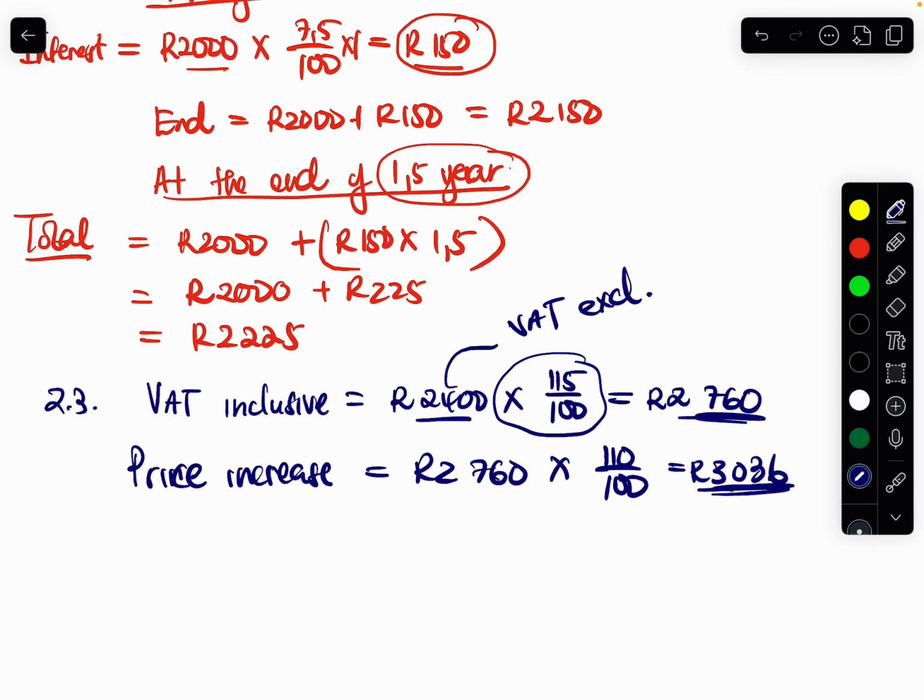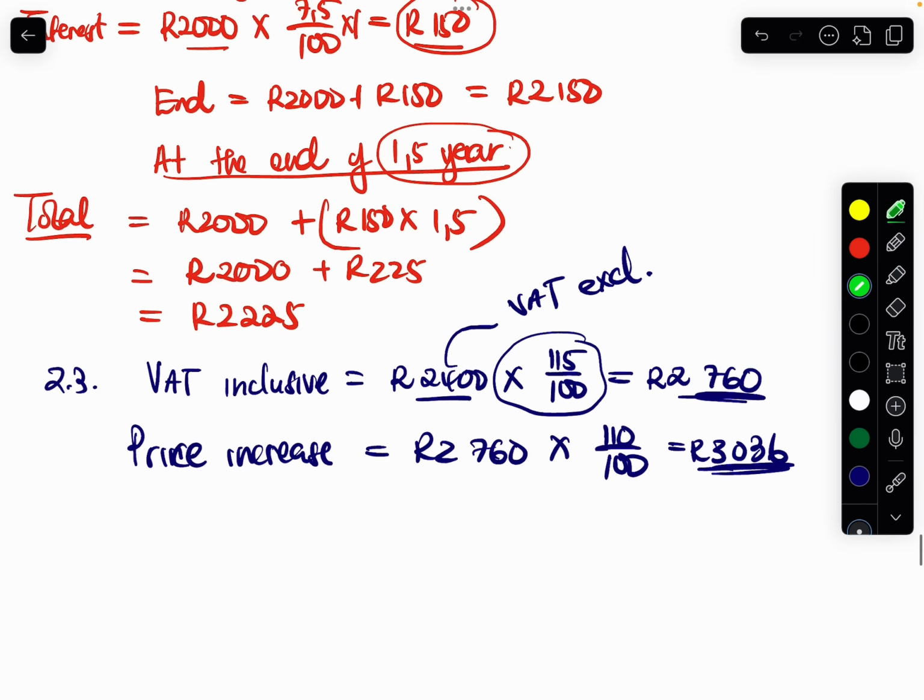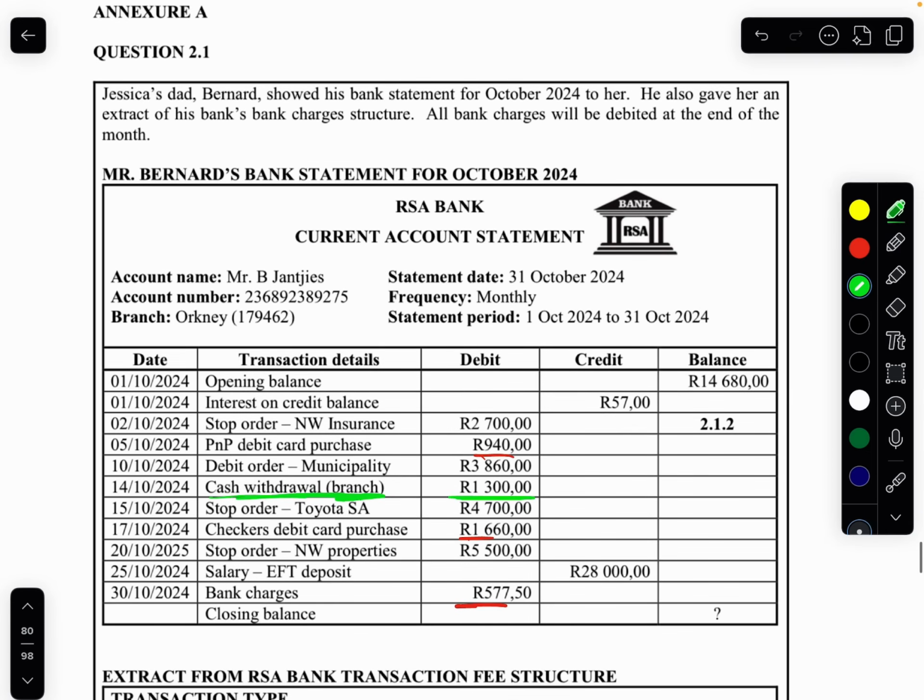Do you see it's more than the 3,000 that he was claiming would be enough? Therefore, his claim is not valid. He was not telling the truth.